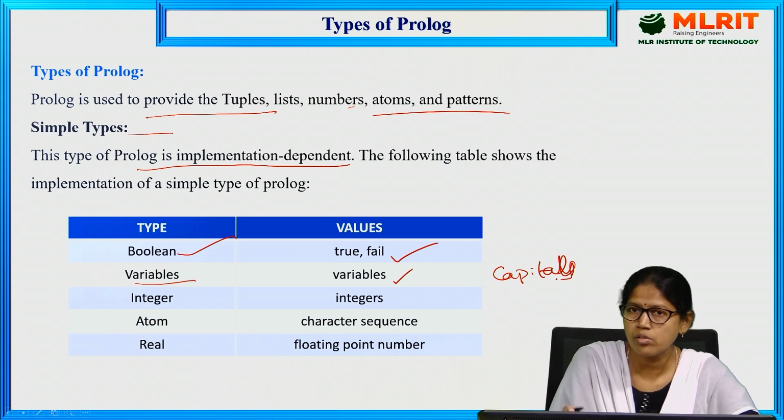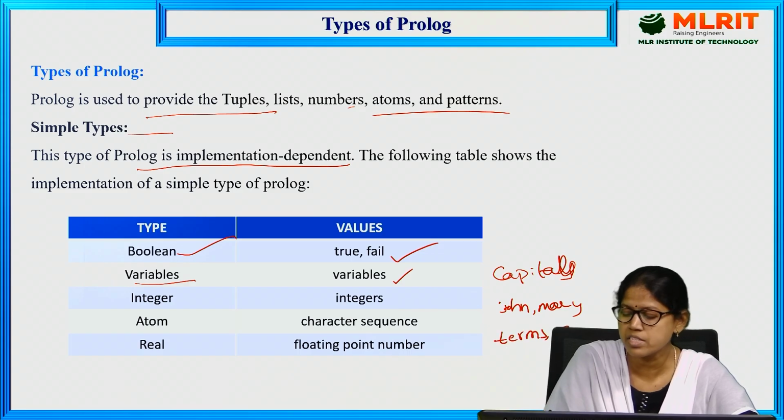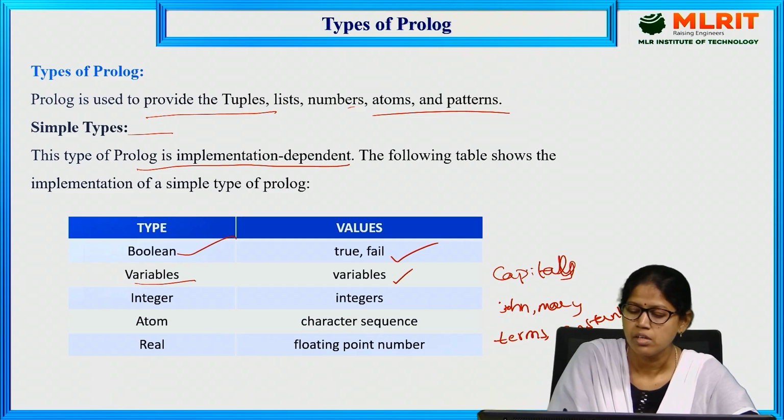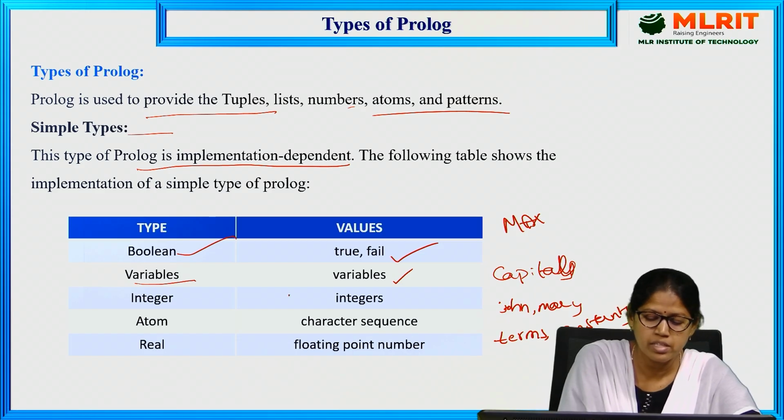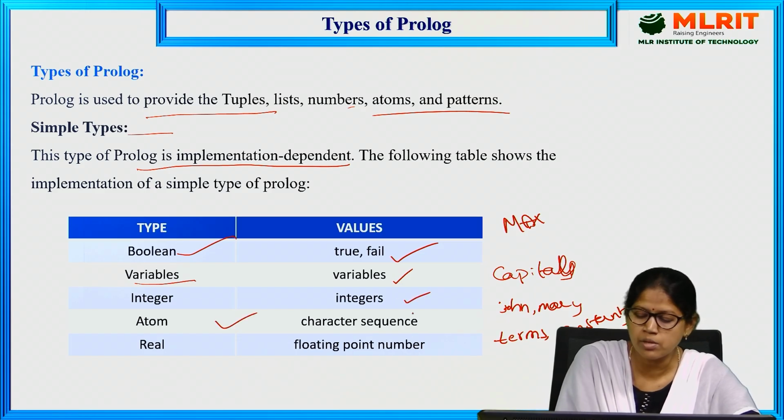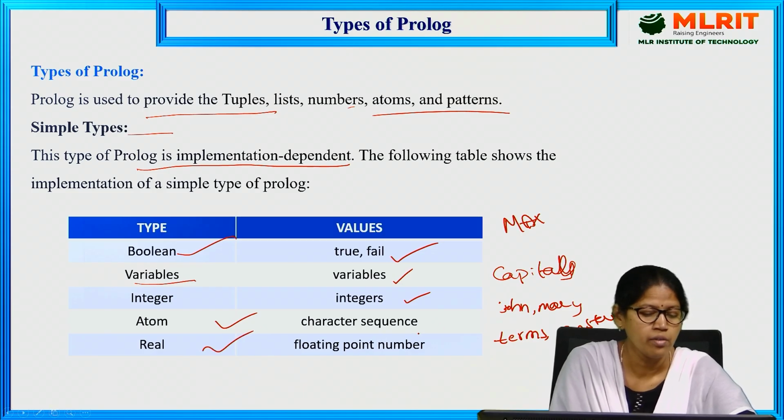Whenever we write john, mary, these are not variables, these are called terms or constants. Terms are constants. Only whenever we represent with capital letters are they called variables. Next, integer. Next, atoms are constants, and real, that are floating point values.